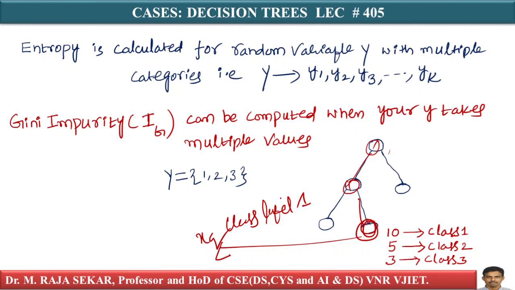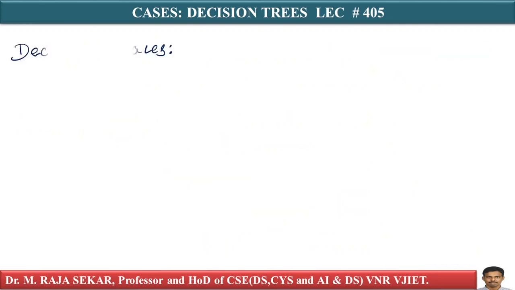Decision trees naturally can be extended to do multi-class classification, because entropy or Gini impurity can be computed naturally, without any problem, when your capital Y takes multiple values.